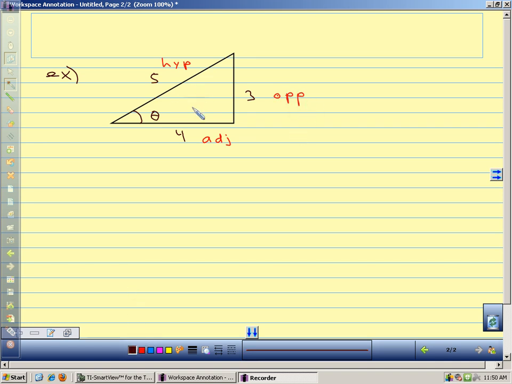Sine of theta, opposite over hypotenuse, is 3 over 5, or 0.6. Cosine of theta, adjacent over hypotenuse, 4 over 5, or 0.8. And the tangent of theta, opposite over adjacent, is 3 over 4, or 0.75.